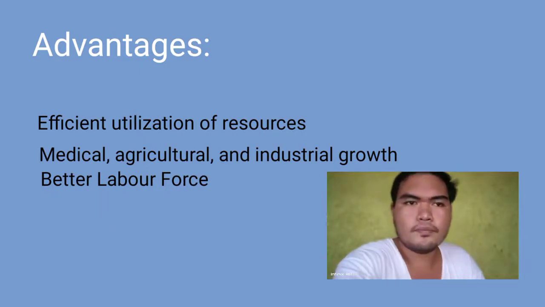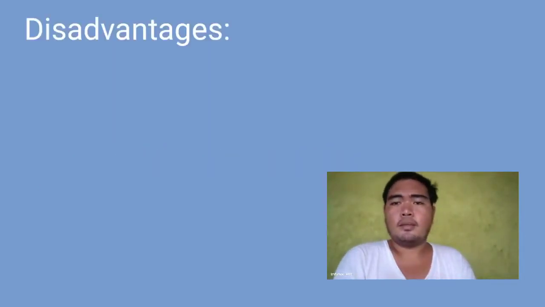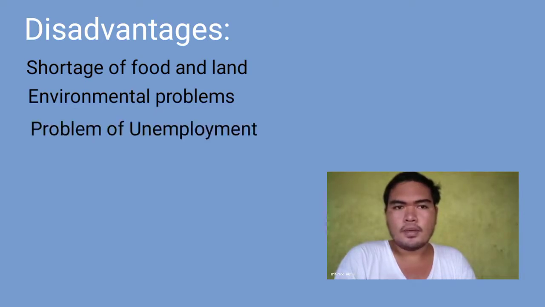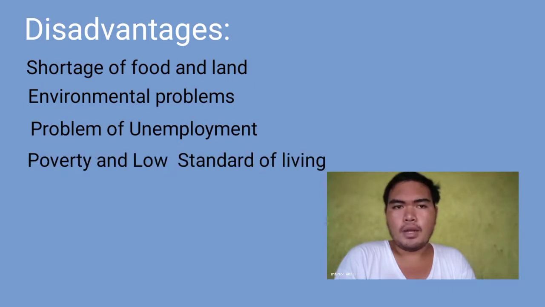And the bad news, the disadvantages: shortage of food and land, environmental problems, especially climate change, problem of unemployment, poverty and low standard of living, inflation, conflict and war, all because of higher demand, too many people.